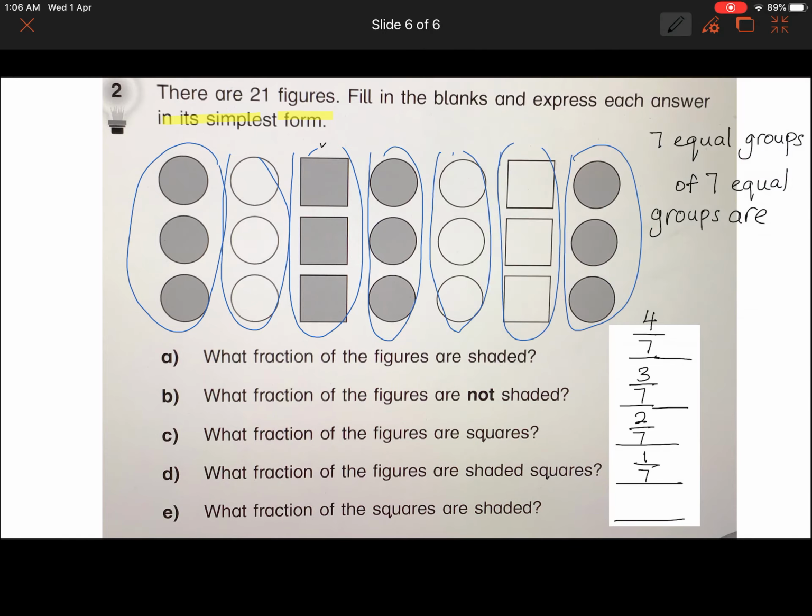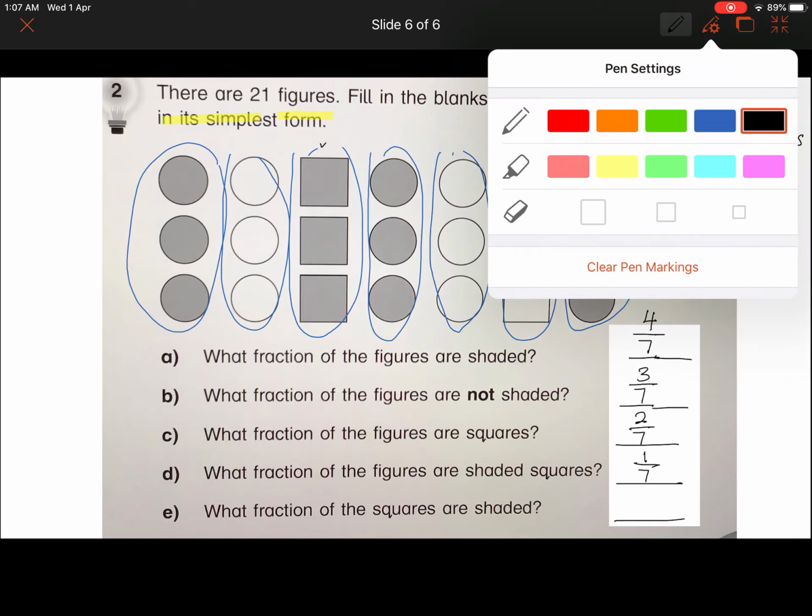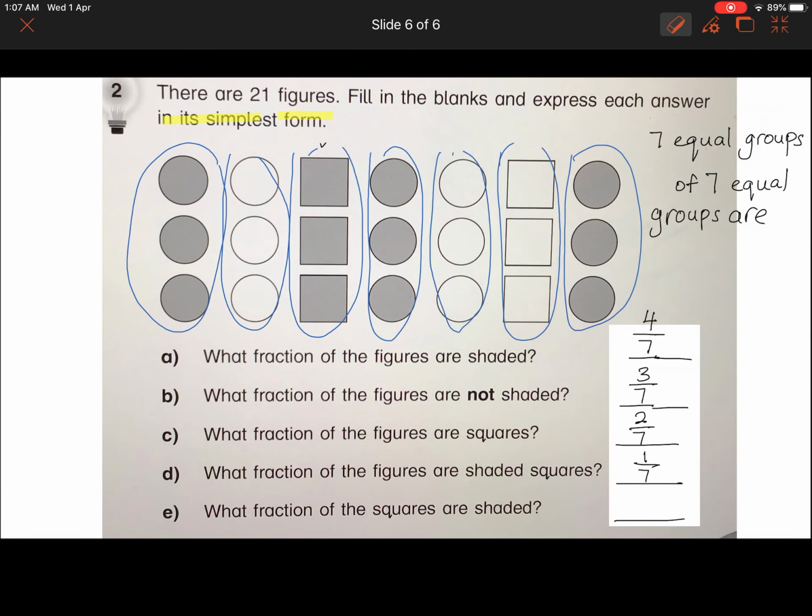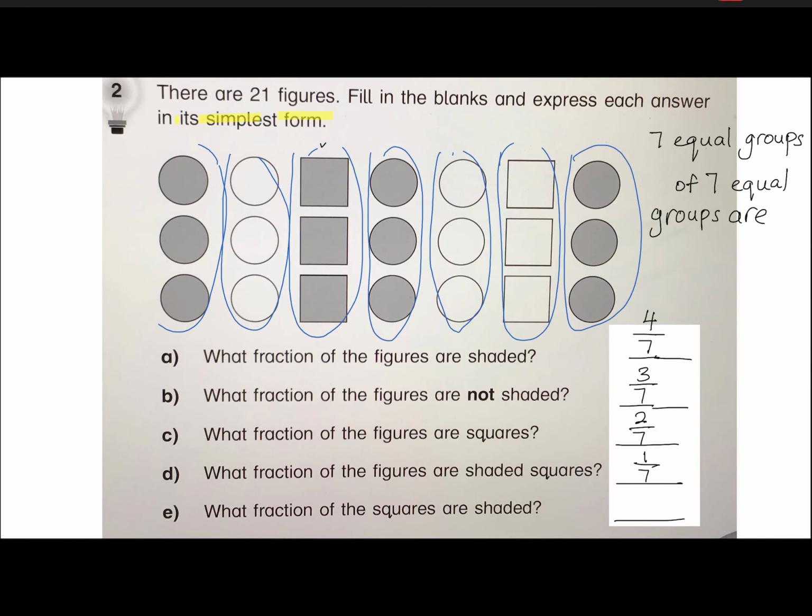Lastly, what fraction of the squares are shaded? So now they are asking you for squares only. So we're going to erase those groups that are not squares. So it means all the circles.